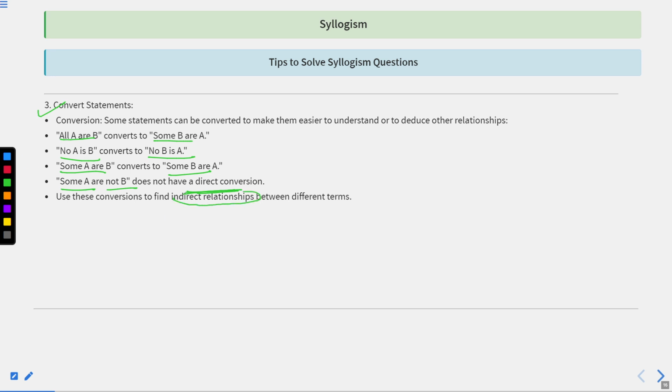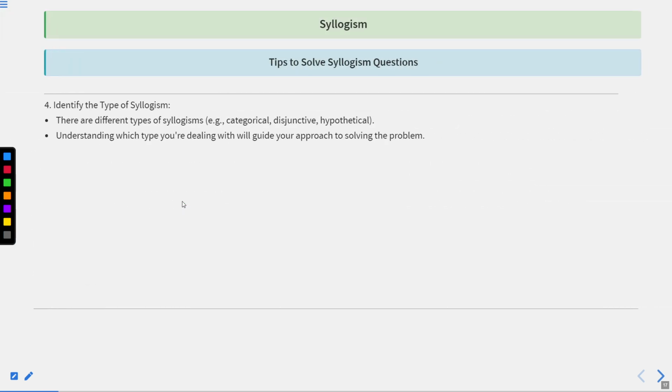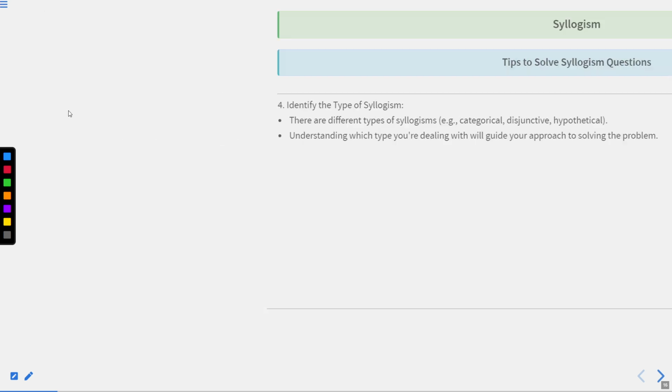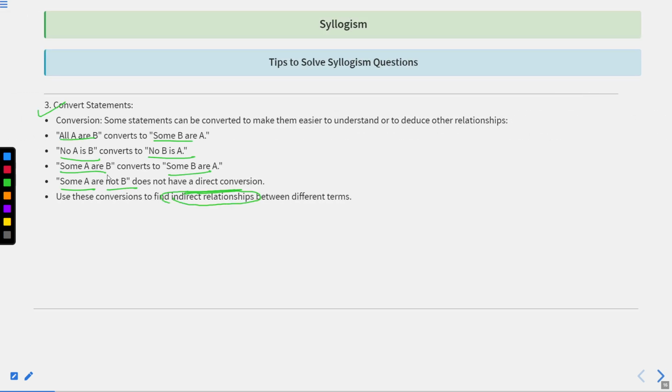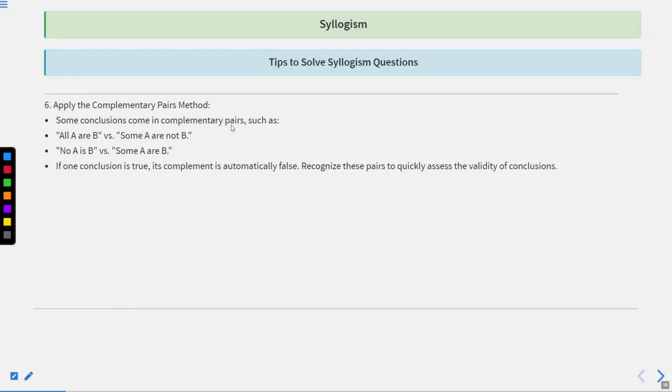So there are certain times when there is an indirect relationship between the subject and the predicate in the statements provided. Based on that, we will have to figure out the relationship. The identification of the syllogism is also important. Remember the at-least rule: at least means at least one A that is B. Apply the complementary pairs method.